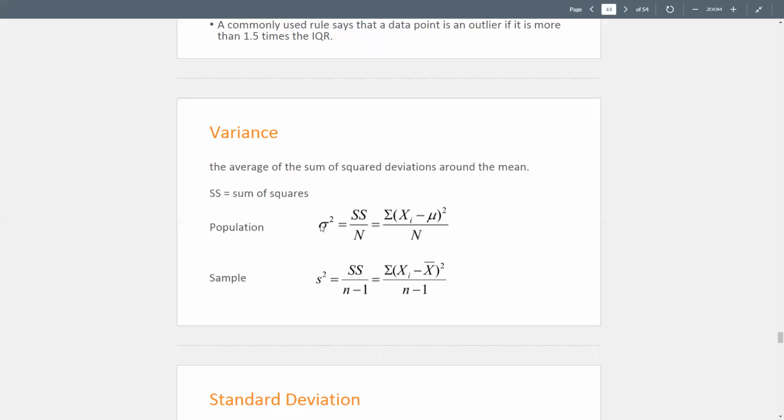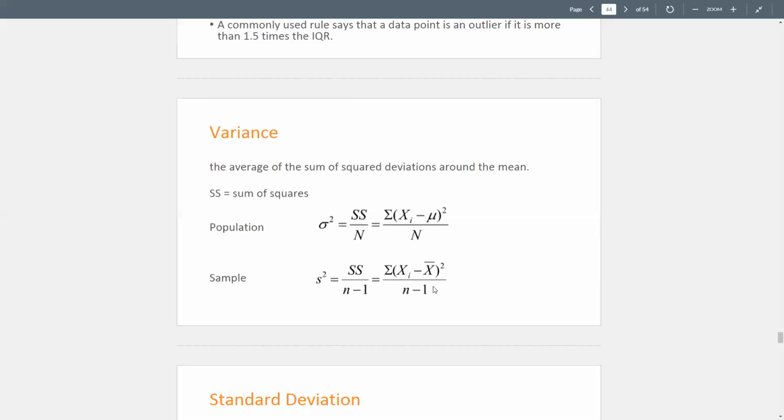We represent variance in a population with the Greek letter sigma, so it'd be sigma squared. In the sample, we use just the letter S, so it'd be S squared. We take each sample value, subtract it from the mean, square it, do that for every data point in the sample, sum across, and divide by n minus 1.